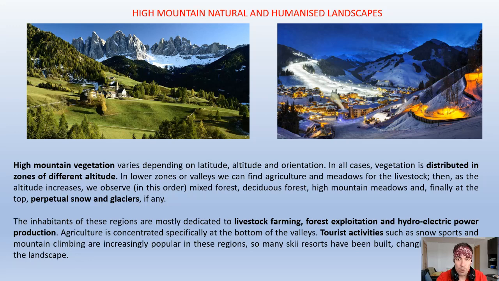Agriculture is concentrated specifically at the bottom of the valleys, okay, the most plain areas, and also in this landscape it is common to see tourist activities such as snow sports like skiing and mountain climbing, which are increasingly popular in these regions. So many ski resorts have been built, for example here, in which you can ski, look at the, I don't know how to say this in English, la pista, and which are changing the landscape enormously.